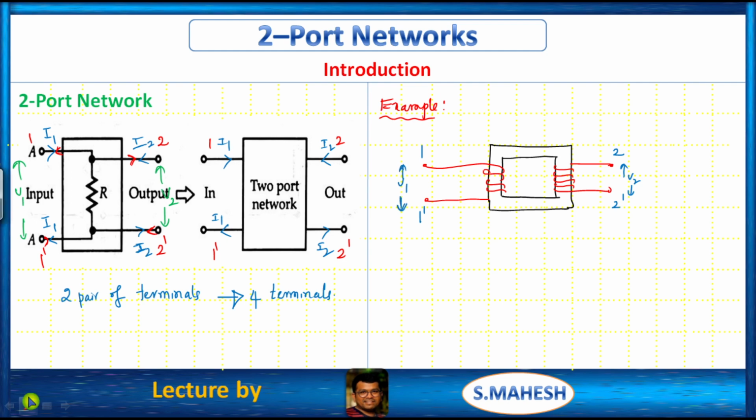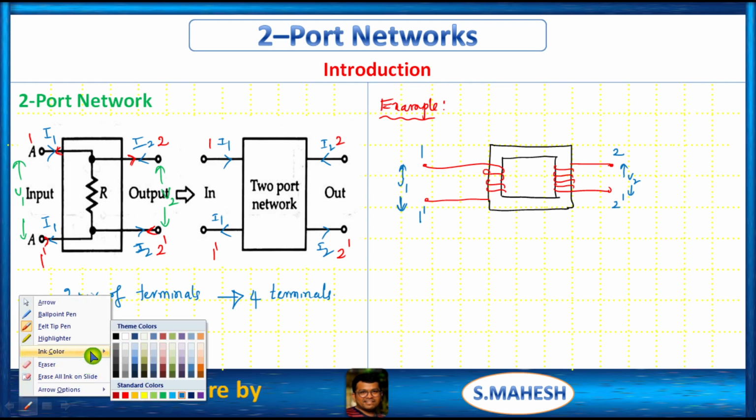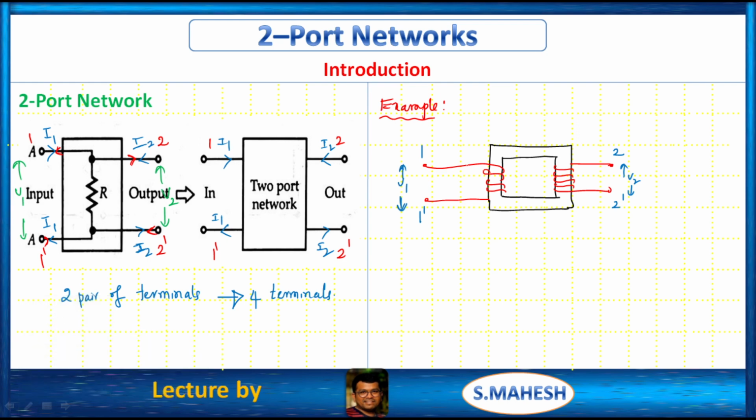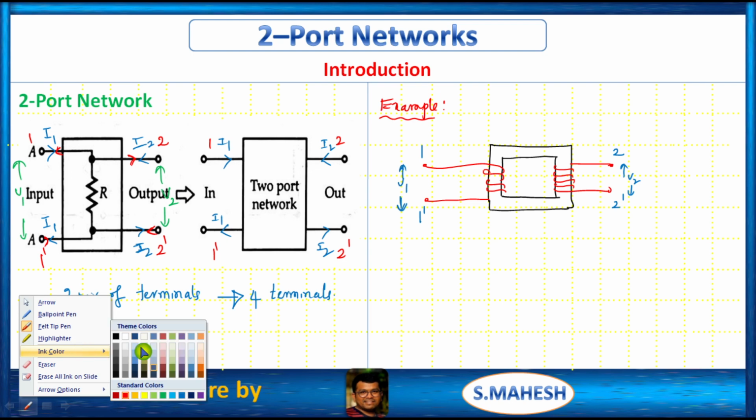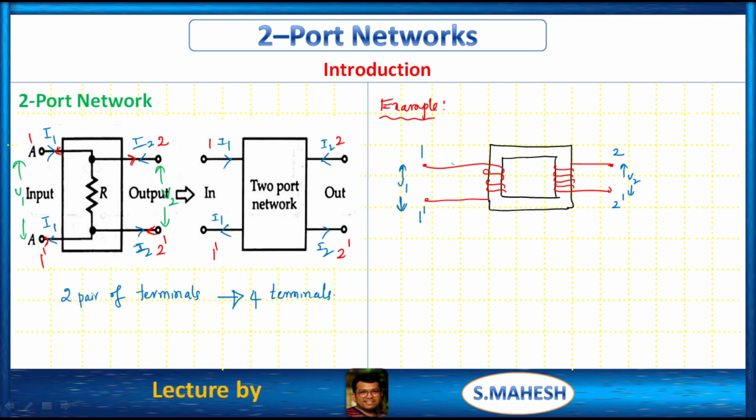Through this we have a current. Because of the supply voltage, obviously there is a current I1. Because of this, the current leaves. The current direction is this direction.